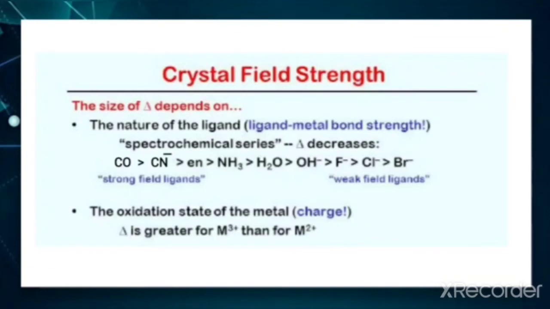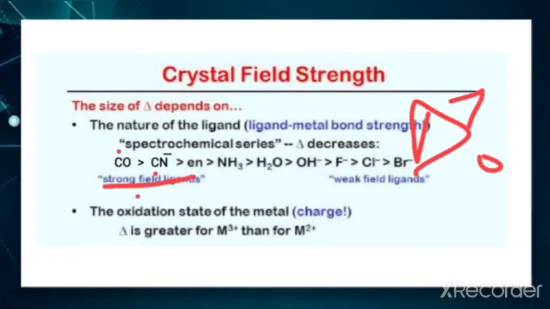What is the crystal field strength? This splitting depends upon the nature of the ligand, and it depends upon the oxidation state of the central metal ion, that is its charge. When we talk about the nature of the ligand, as I told you, when there is a strong field ligand like CO, CN, ammonia, in such a case the splitting is greater. That means the delta 0 value is greater when there is a strong field ligand.